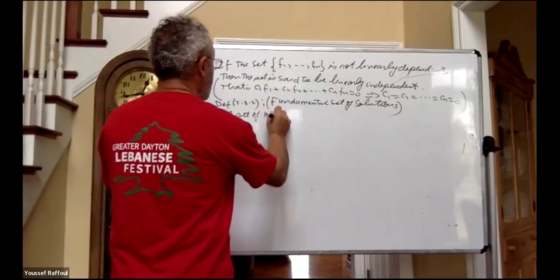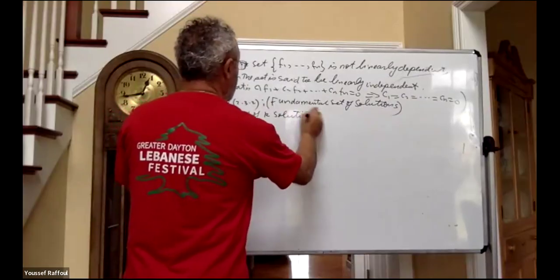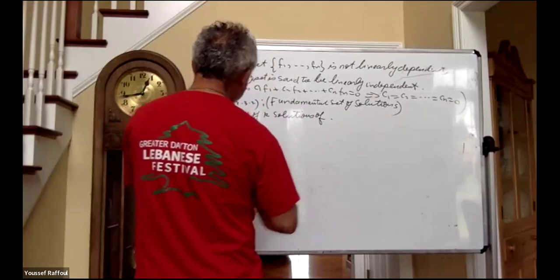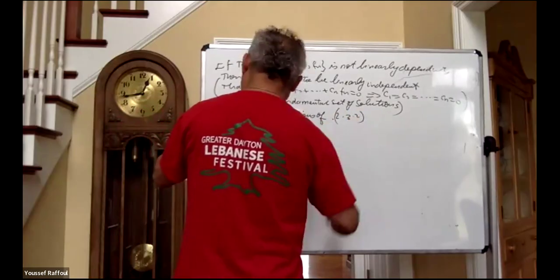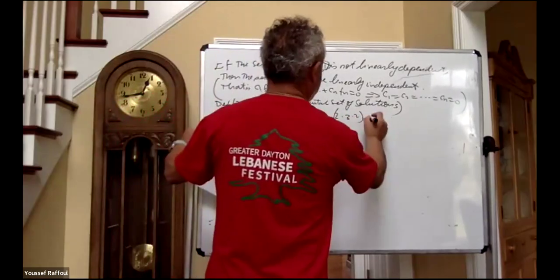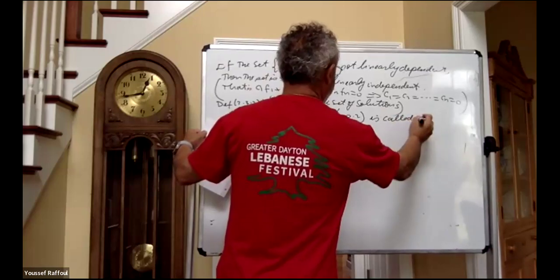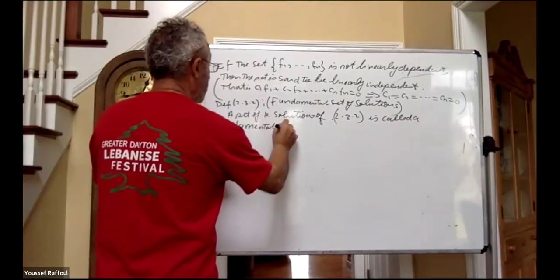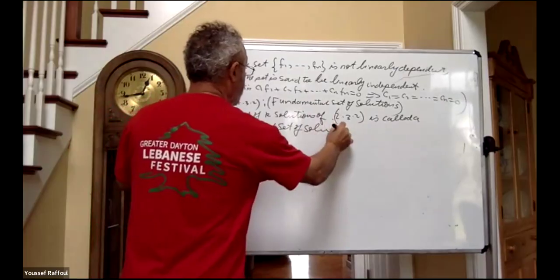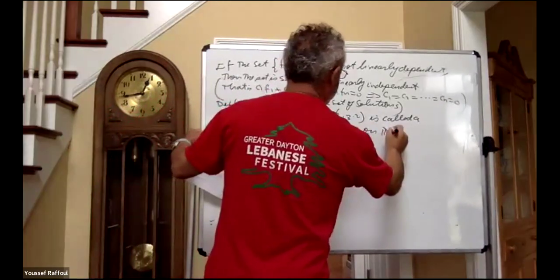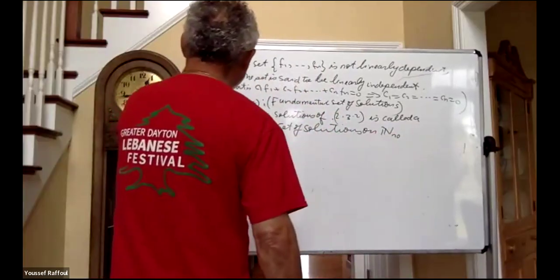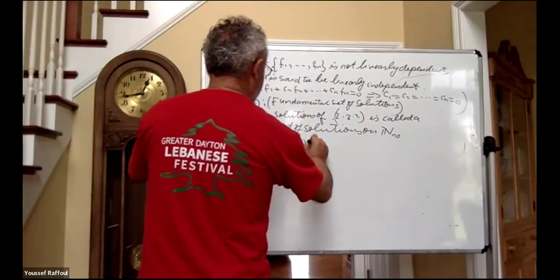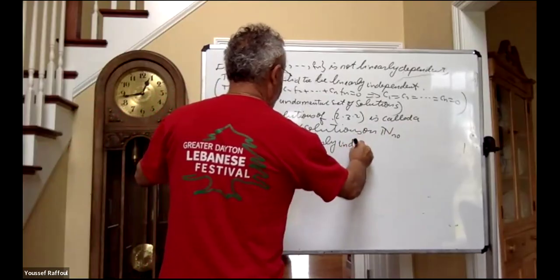A set of k solutions of 2.3.2 is called a fundamental set of solution on N naught if the set is linearly independent.